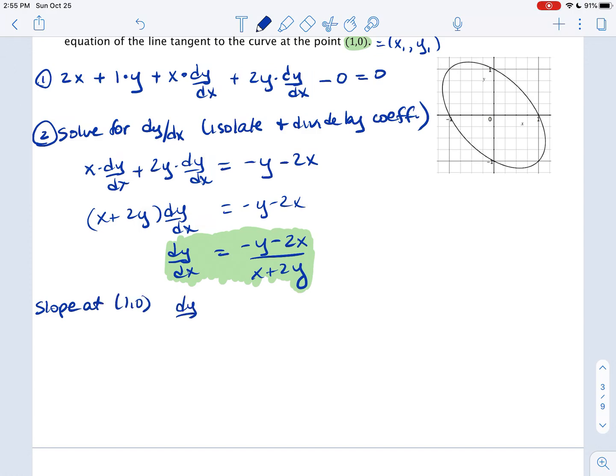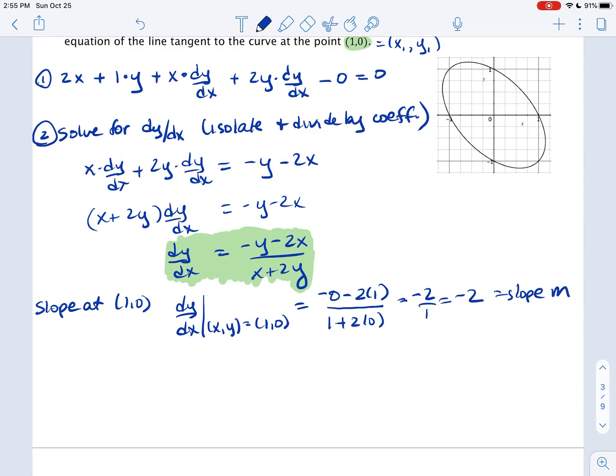And so for our slope at 1, 0, we're going to be evaluating the derivative at x, y equal to 1, 0. And that's just going to give us minus 0 minus 2 times 1 over 1 plus 2 times 0. And that's going to give me minus 2 over 1, which is just minus 2. So that is my slope, m.